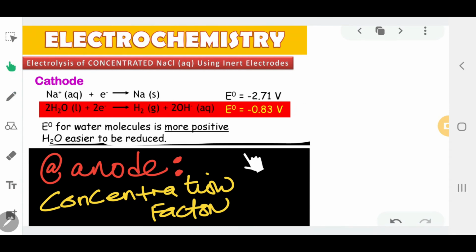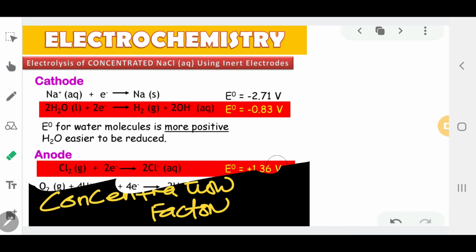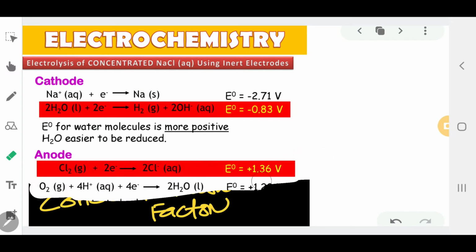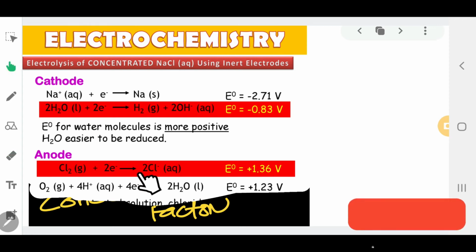On the other hand, for the anode electrode, the concentration factor will be playing the more important role. At the anode, the one that will be discharged first will be the chlorine gas first.